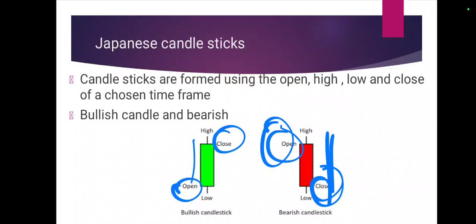Most bearish candles are presented with red, maybe sometimes with black. For the purpose of this class, we're going to be using green to represent a bullish candle, while red represents a bearish candlestick.